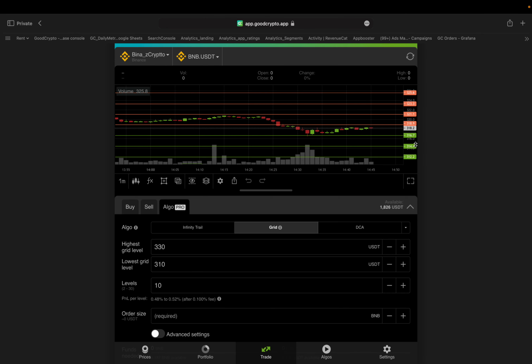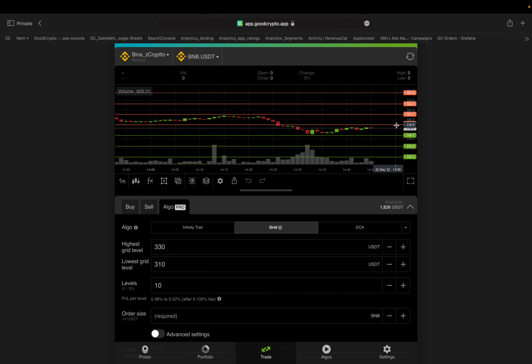How does the grid make money? The grid would buy here and would sell here, right? So the difference between these prices, now it is around $2, weighted by the size of the order, that basically denotes your profit.